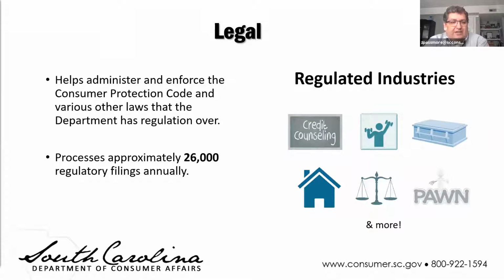And while doing that, we process approximately 26,000 regulatory filings annually. And there on the right side of the screen, some of our regulated industries include credit counselors, physical fitness centers, pre-need funeral contracts, mortgage brokers, prepaid legal services, and pawnbrokers.